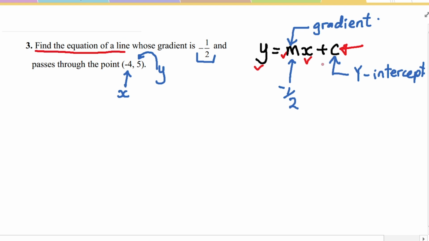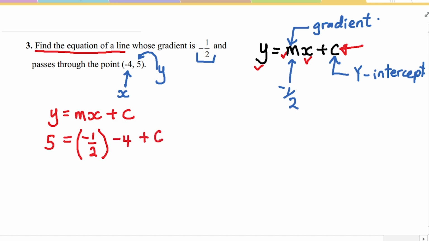So let's get started. We're going to substitute. We know that y = mx + c, and our value of y is 5, which is going to be equal to our value of m, the gradient, which is -1/2 according to the question, times the value of x, which is -4, plus c. So let's find the value of c. This becomes 5 = (-1/2)(-4) + c. Divide by 2, multiply by 2 twice: -1 times -2 is +2, plus c.